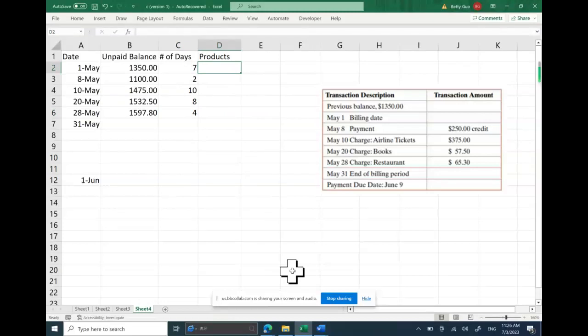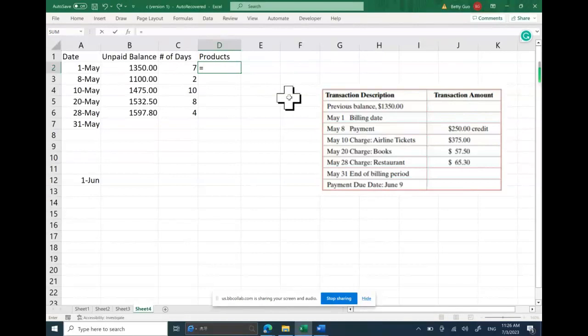Okay, so for the last column of this table, we are going to multiply the unpaid balance in each row by the corresponding number of days. I'm using a function, but you can manually do the operation.